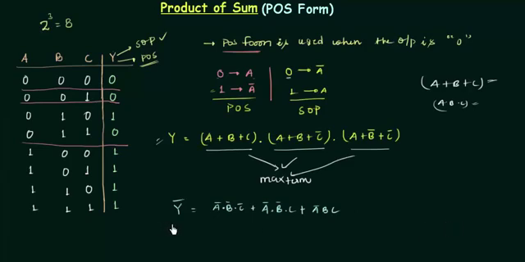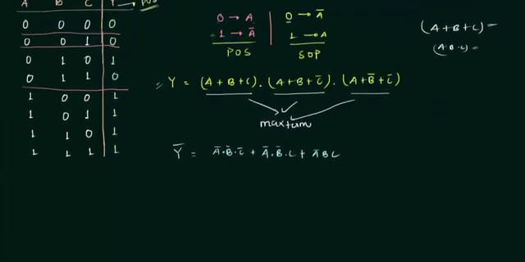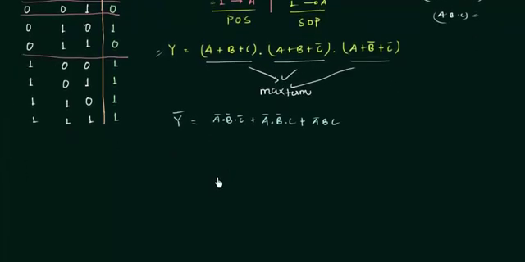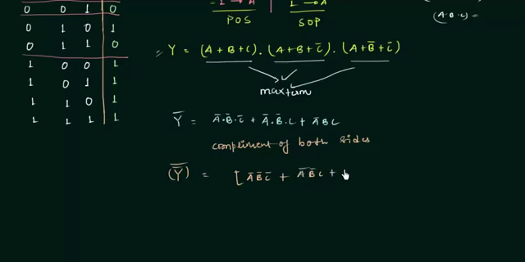Now I want the left hand side as the output Y, not Y complement. So what I can do is take the complement of both sides, the right hand side and the left hand side. Taking the complement of both sides, let's see what we have. Y complement complemented, and on the right A complement B complement C complement, or A complement B complement C, or A complement B C, and I will take the complement of the whole right hand side.